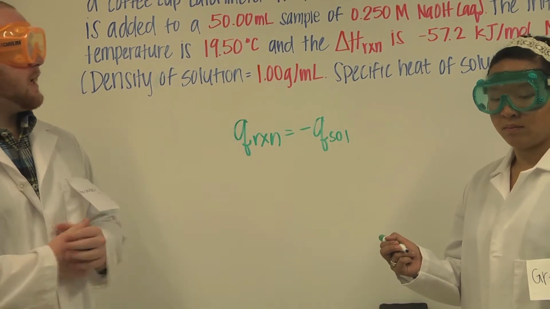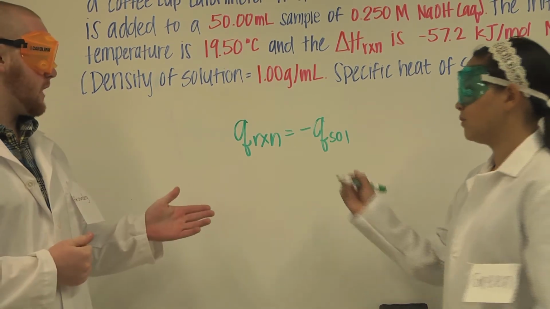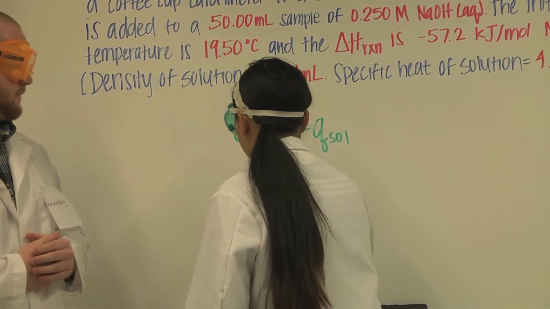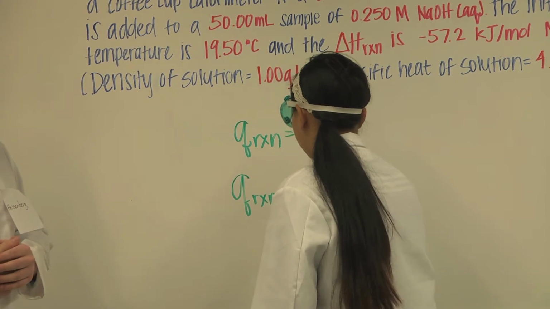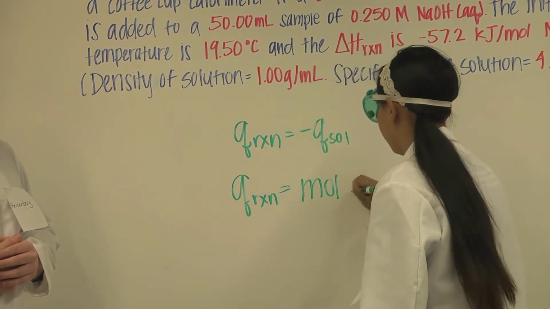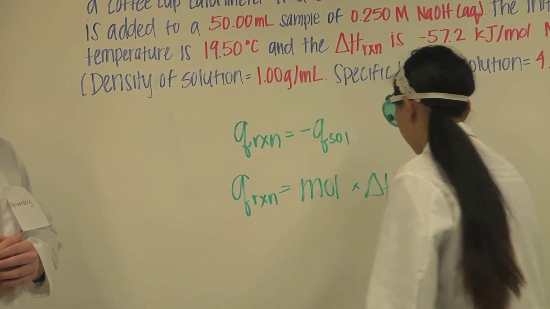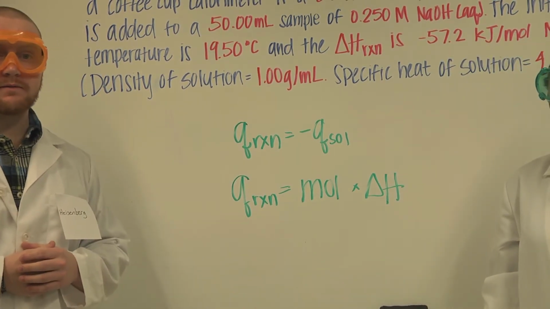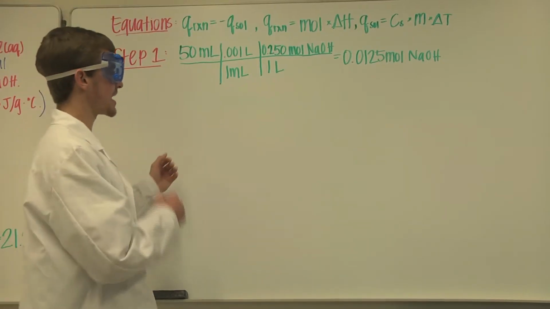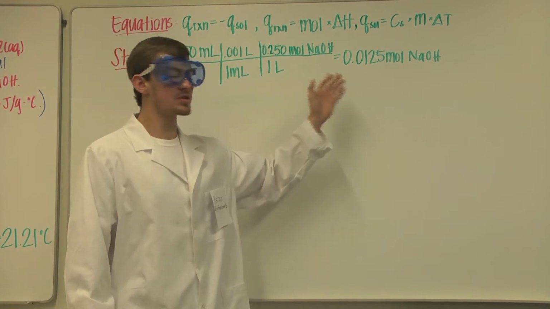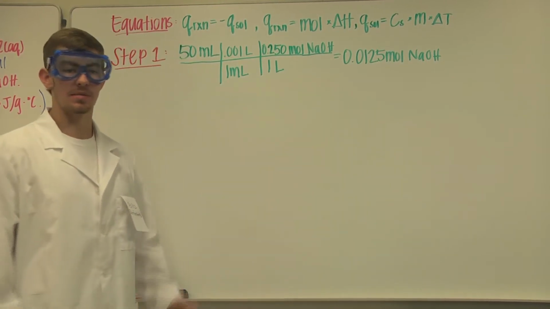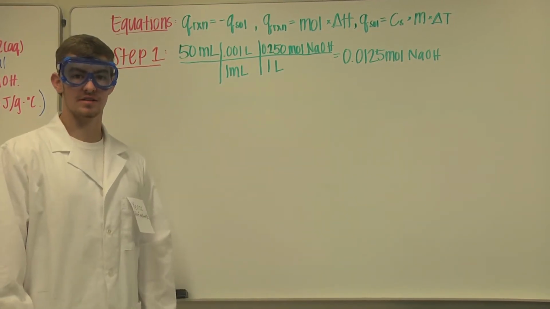Given the information and the following equation, Q of reaction equals moles times delta H, we can now find the Q of the reaction. Now remember in step 1 that you're trying to find the moles of NaOH. Now pause your video and make sure you have this correct.